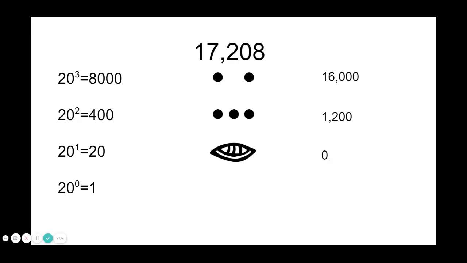And then we need this last remaining 8, so we need 8 ones. And remember, we represent that with a bar, which is 5, and 3 dots. And that gives us 17,208. And now you know how to use the Mayan number system.